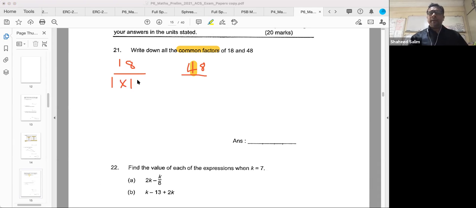No, 48 cannot be divided by 9. Let's see, Akil. Akil, one number missing. Smallest one. Yes, Zahin, correct. Well done. Akil, you are missing the smallest number. Yes, well done. So 1, 2, 3, 6.